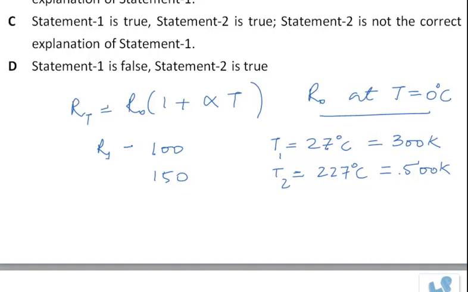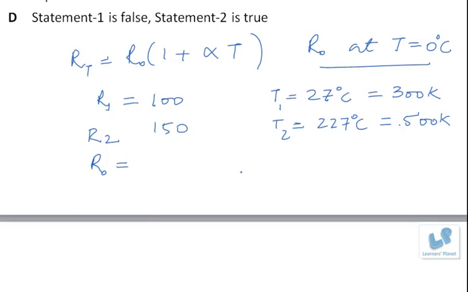So this is R1, this is R2. We are not given the resistance at temperature 0 degree centigrade or 273 Kelvin. So this is not given to us.